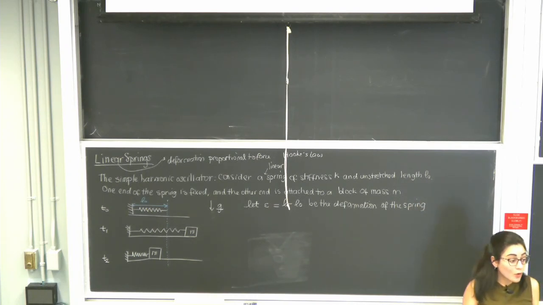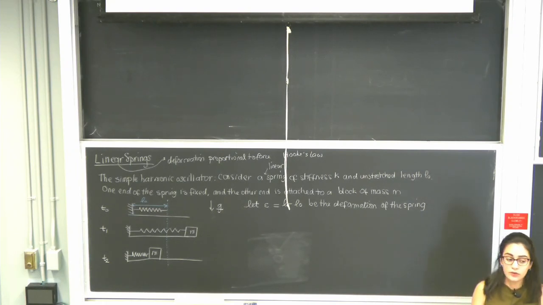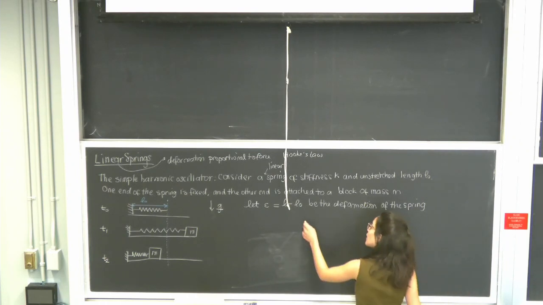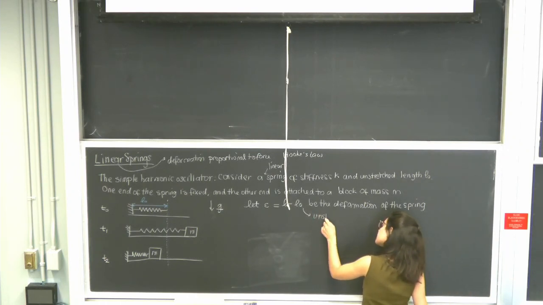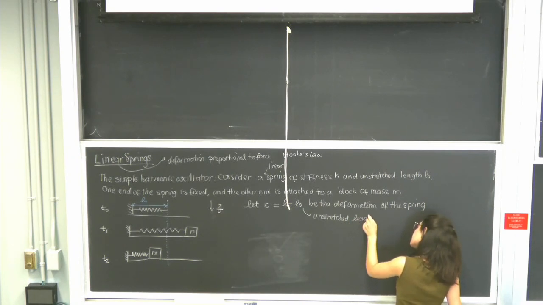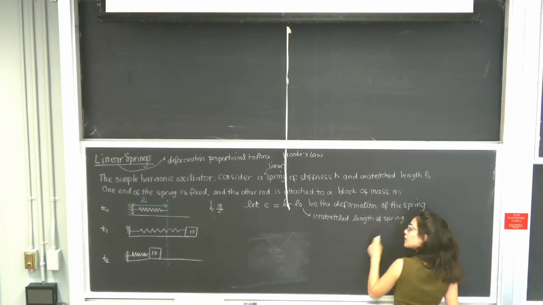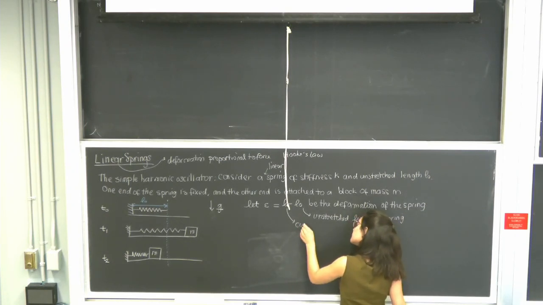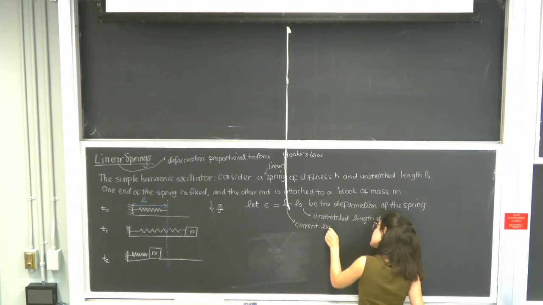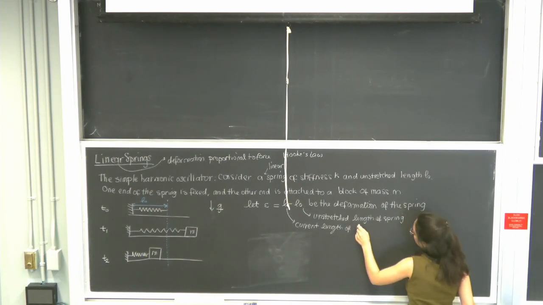That epsilon quantity is going to be useful because we know the force is proportional to the deformation, so we need to quantify the deformation. L0 again is the unstretched length of the spring, and L is the current length of the spring.